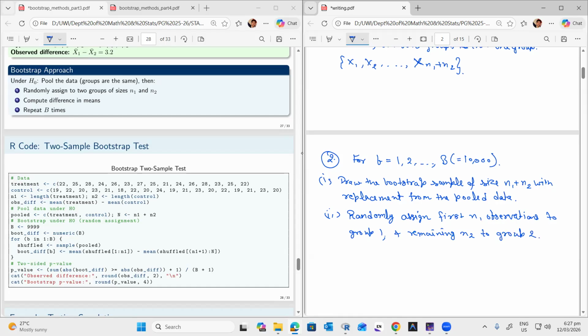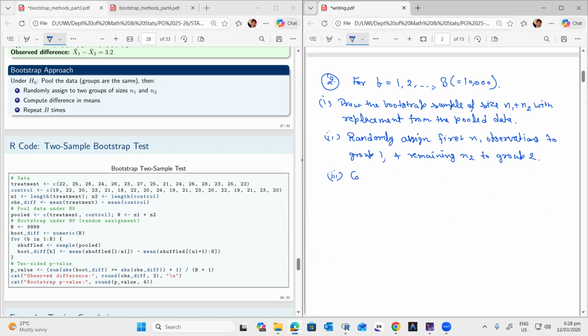All right. And after that, in the third step, compute their differences.